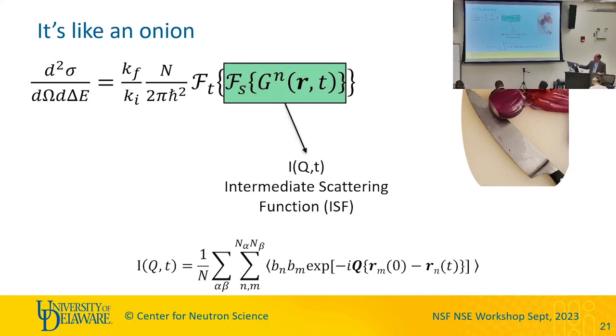If you decide instead not to do the Fourier transform in time, and you stop with the Fourier transform in space, you call that the intermediate scattering function. It's actually the same information content on your sample, but we call it differently. And this in particular is relevant because that's the quantity that spin echo measures. You will see that later.